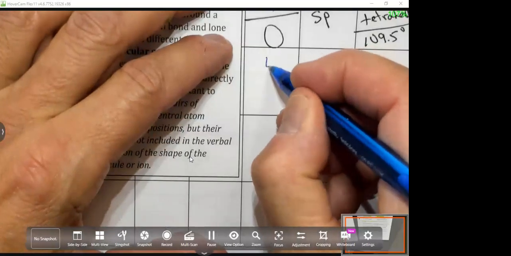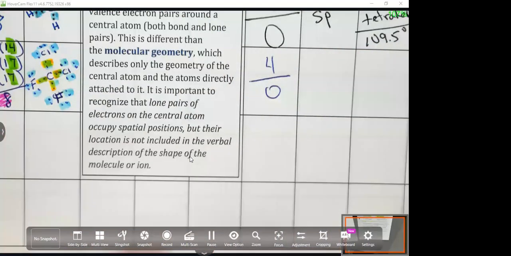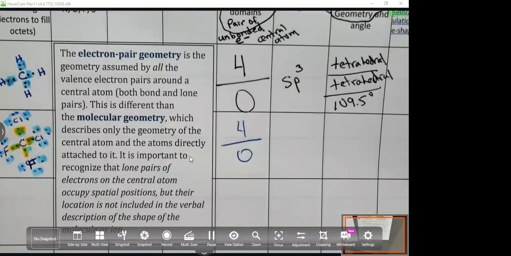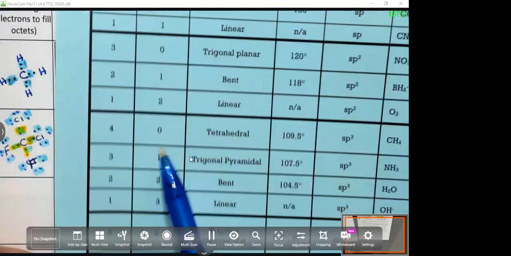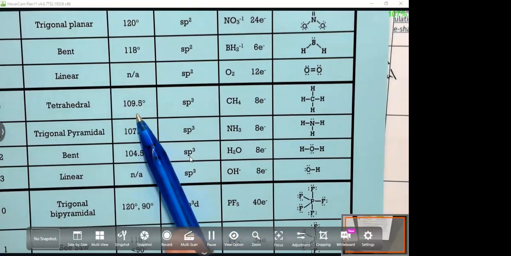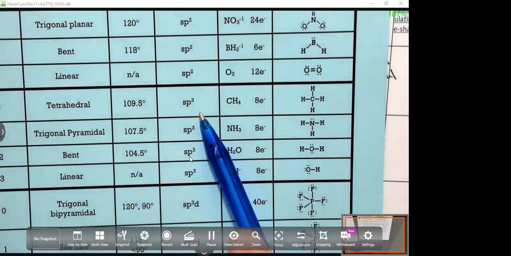This is 4, 0 again. So for a 4, 0, you're going to check your blue sheet. For a 4, 0, the shape is going to be tetrahedral. The bond angle is going to be 109.5. Hybridization we're going to talk about is sp3.